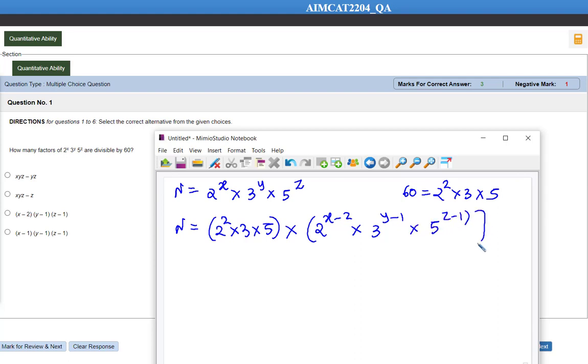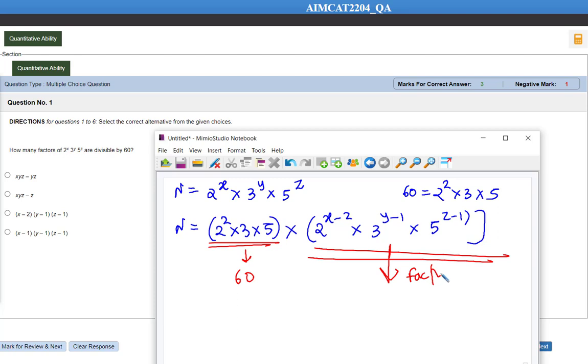We want 60 to be a compulsory factor of n, so the remaining factors are the factors of this remaining number. For the remaining bracket we find the number of factors. The formula is power plus 1 into power plus 1 into power plus 1. This is going to be the answer.